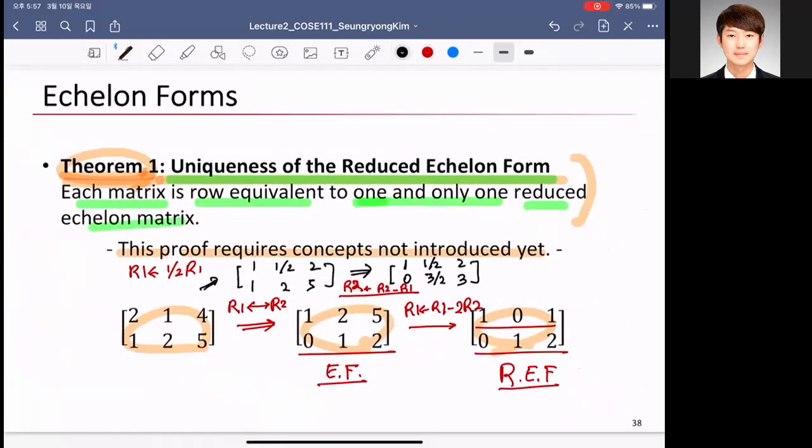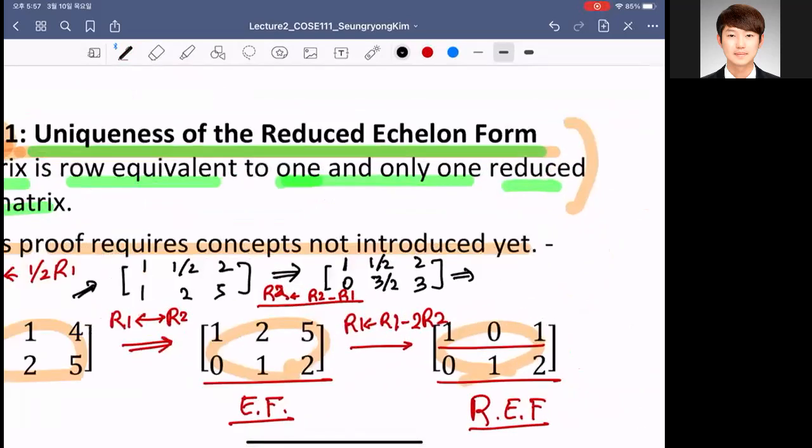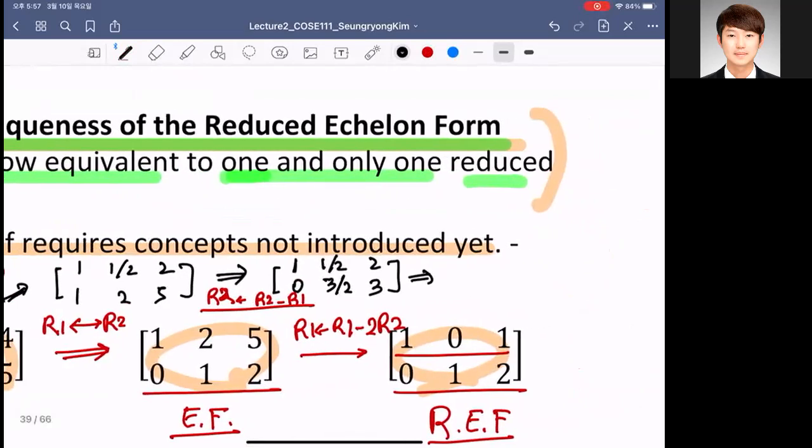And then by dividing this matrix, I mean the R2 as a 3 over 2, this is going to be 1 over 2, 2, 0, 1, 2, 그렇죠? Then by subtract first equation minus second equation by 1 over 2, it's going to be 1, 0, 1, 0, 1, 2, right?